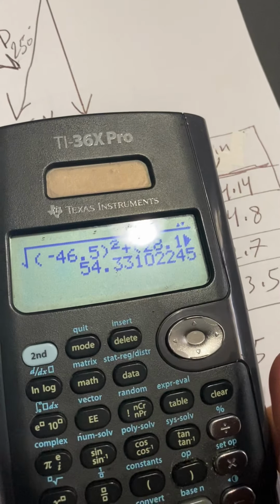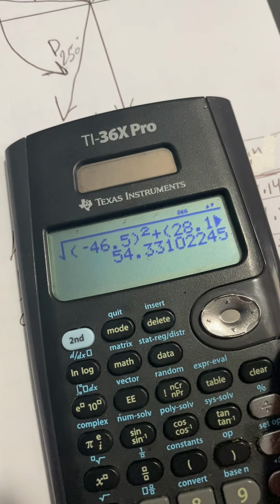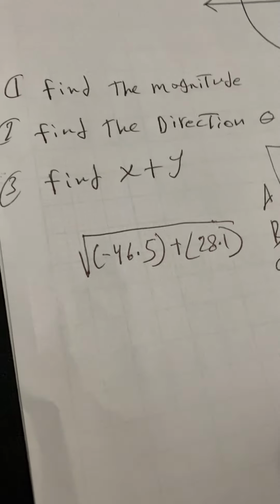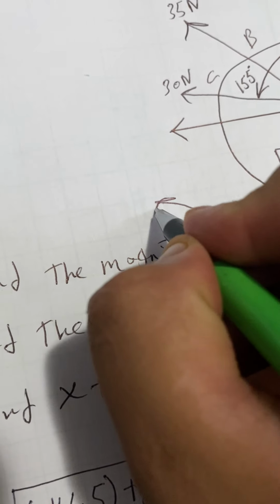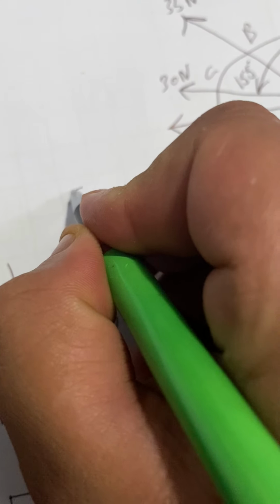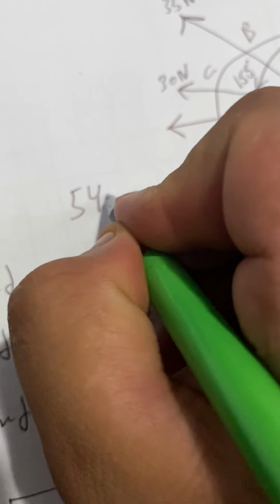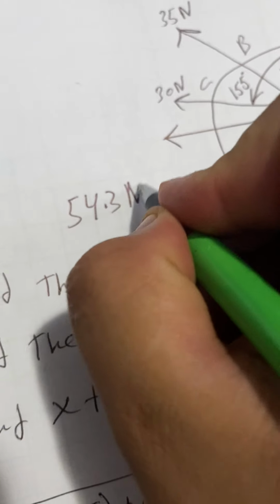So what I get, 54.3. So for the magnitude, it's gonna be 54.3 Newton.